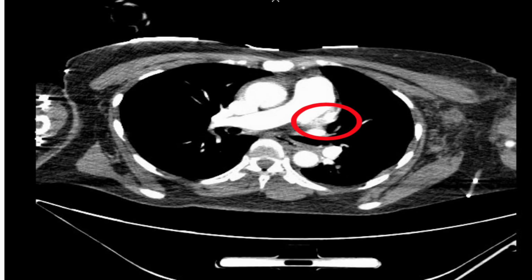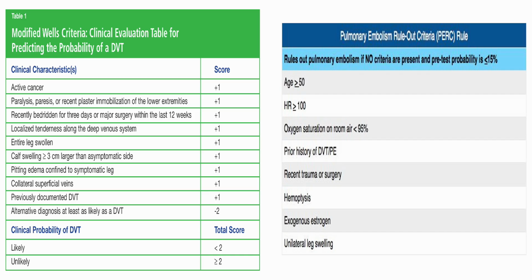So here is an example of the red circle of the massive PE on our CTA. It shows a large filling deficit in the main left pulmonary artery that is consistent with a massive PE.